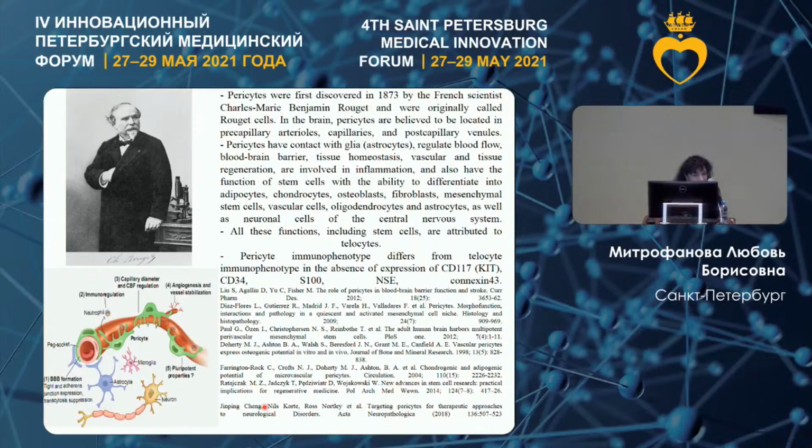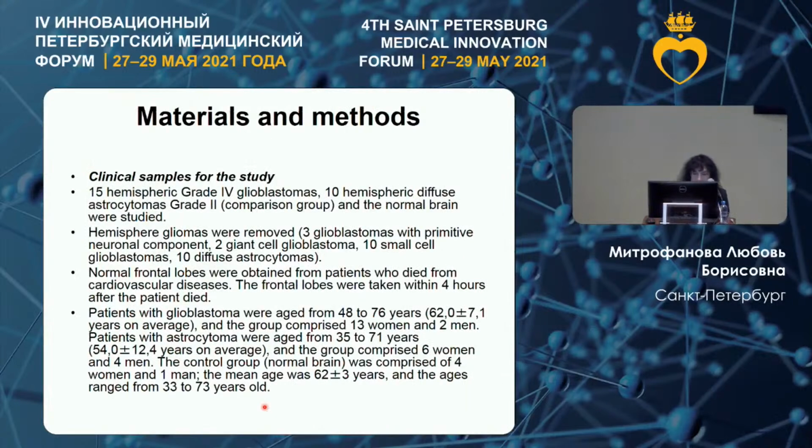A pericyte is a cell that makes contacts between vessels and other tissues, and more of them are located in the brain, and they perform the same function as telocytes. So we thought that maybe it's not pericytes but telocytes, but the pericyte has a different immunophenotype, and it doesn't express connexin 43 and expresses other things.